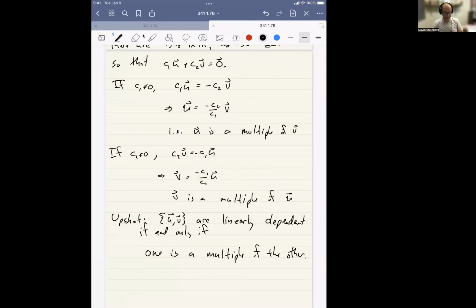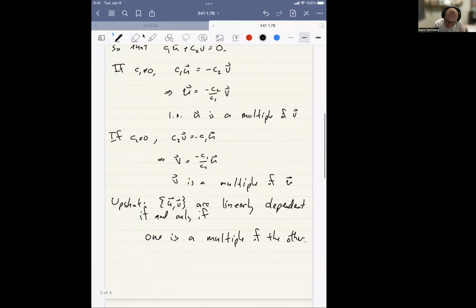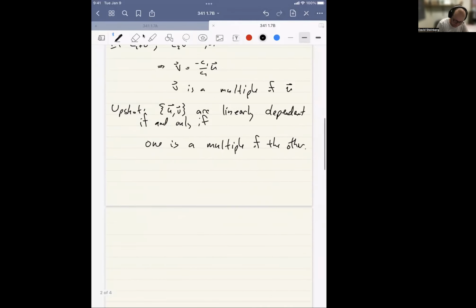Okay. So a quick note and an example I want to give. The note is, this doesn't need to be true for more than two. So certainly we can have three vectors that are linearly dependent where no one is a multiple of the other. So this is particular to there being exactly two.